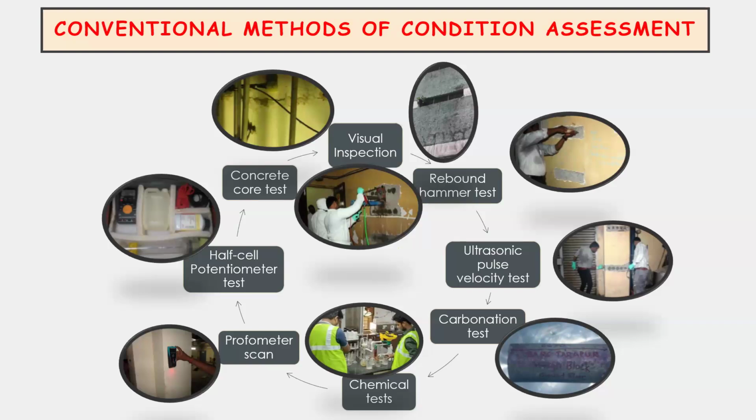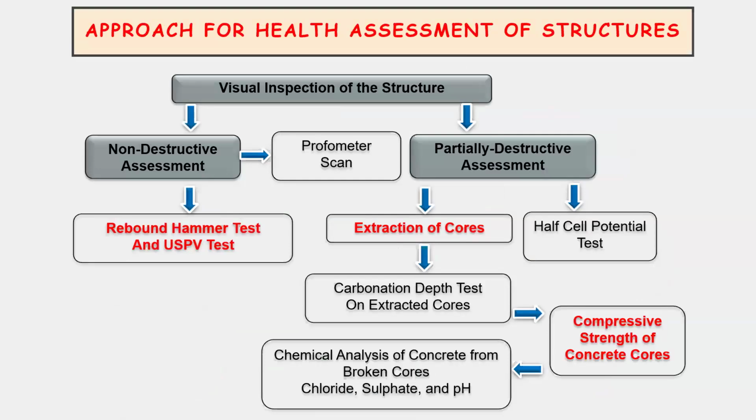And here I have defined this flow chart. Health assessment basically starts with visual inspection. Then we carry out non-destructive test and partially destructive test. Non-destructive tests mean rebound hammer test and ultrasonic pulse velocity test, as well as profometer scan. And partially destructive tests are extraction of cores and half cell potential test.